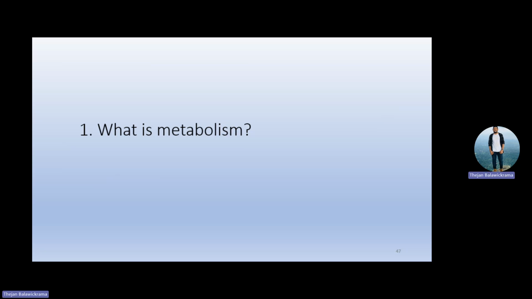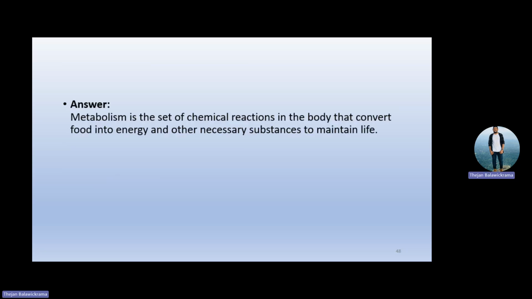It's about all the chemical reactions in the body, right? It converts food into energy and other necessary substances. Basically, in metabolism, energy is made, and also other substances, the chemicals, are made. So the total of this is what we call metabolism.